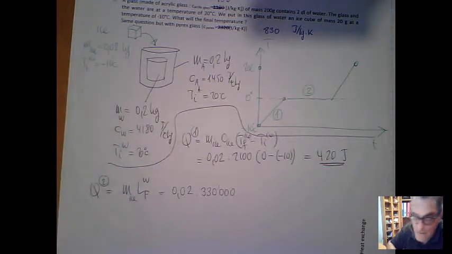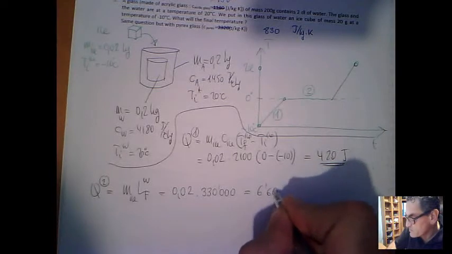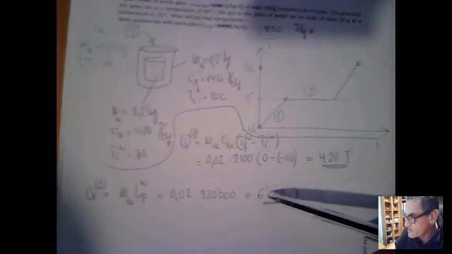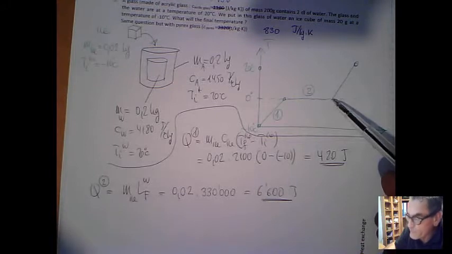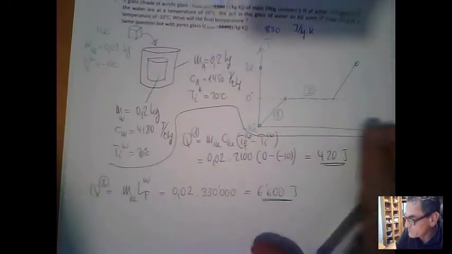So let's compute that. 330,000 times 0.02 is 6,600 joules. As we saw in the previous exercise, it takes a lot of energy to melt ice or to freeze ice, much more than it takes to warm it up by a few degrees.